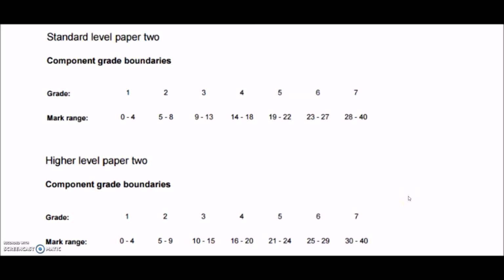Okay, so what I mean by that, to understand, you need to look at the grade boundaries for the exact paper that you're looking at. Now remember, the maximum score for each question is 20, so you would have to double that to get to the maximum score here of 40.